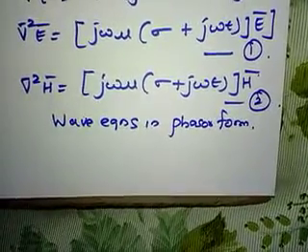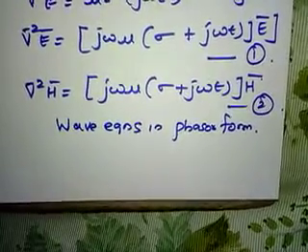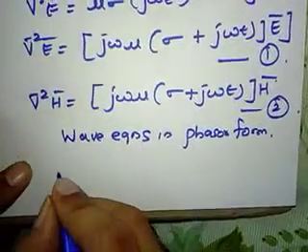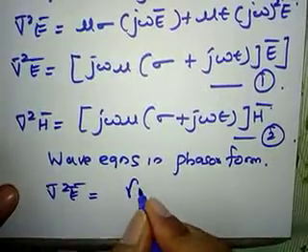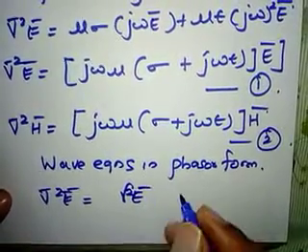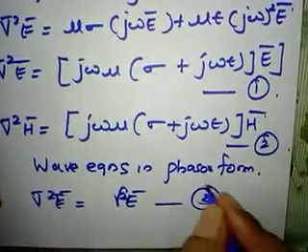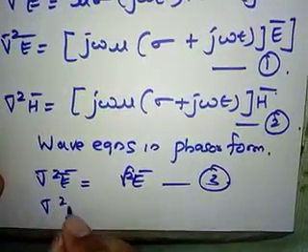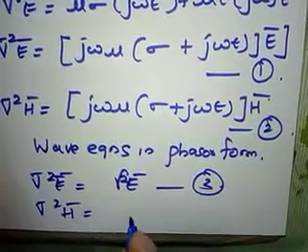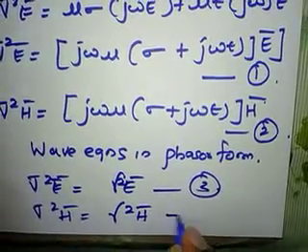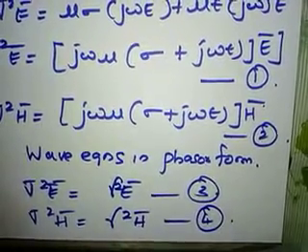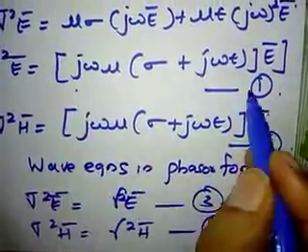It is the square of the propagation constant gamma. Hence we can write the above equations 1 and 2 as del square E bar is equal to gamma square E bar, and del square H bar is equal to gamma square H bar. So gamma square is nothing but the bracket term.